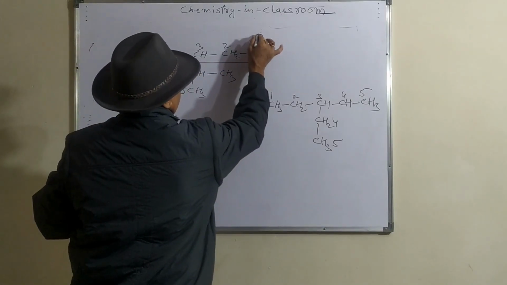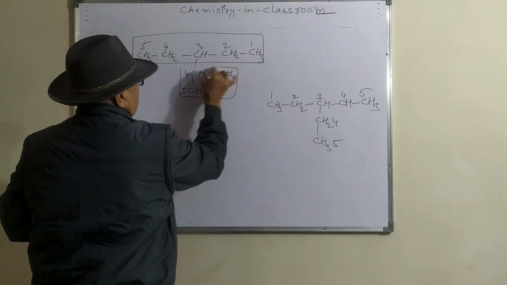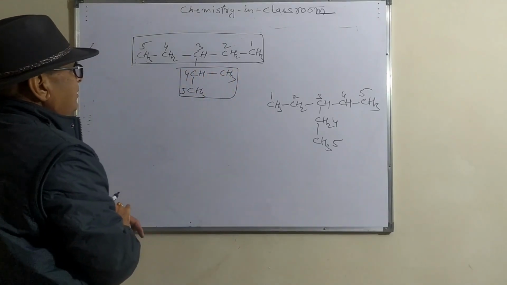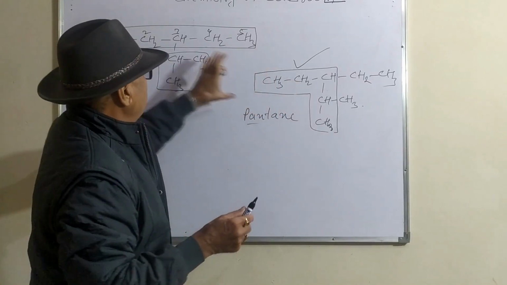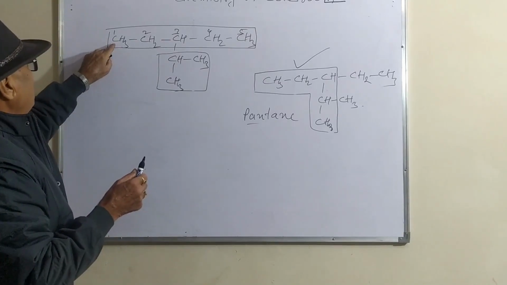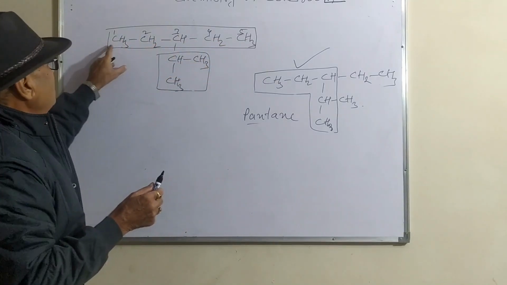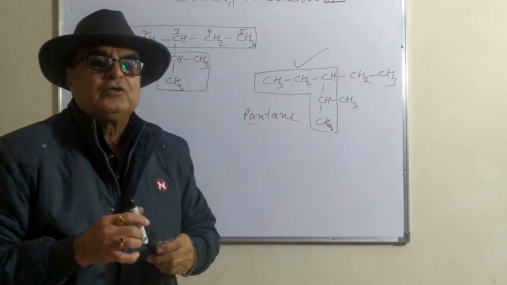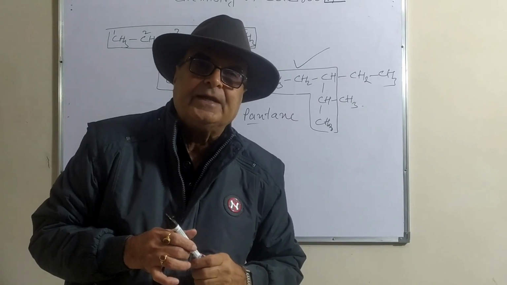This is the 5 carbon chain. It has only one substituent group. And both these structures are the same structure. Here you will count 1, 2, 3, 4, 5 carbon, so you find the longest chain of 5 carbon atoms.